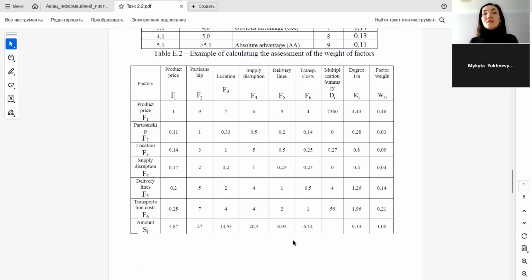So now, please, I leave this example for calculation, and you can make the same table on your paper, for example, or in an electronic document, whichever we use today. You prepare the same table with the same columns and lines. You can write here factors only, numbered F1, F2, and others, without the names of factors, I think it will be enough.